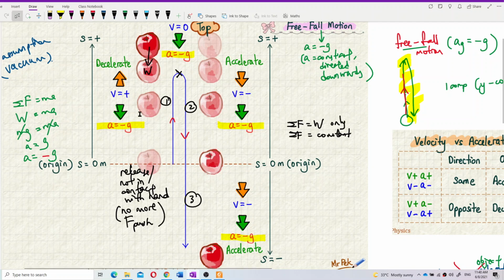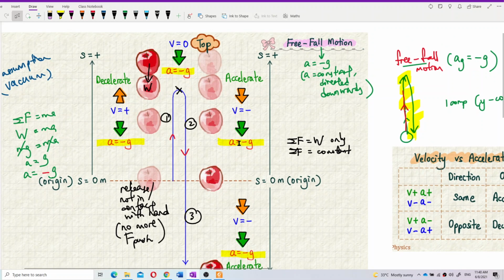That's why a is also constant all the time. A is downward, and when the ball falls down, velocity increases. It becomes faster and faster. The object accelerates.